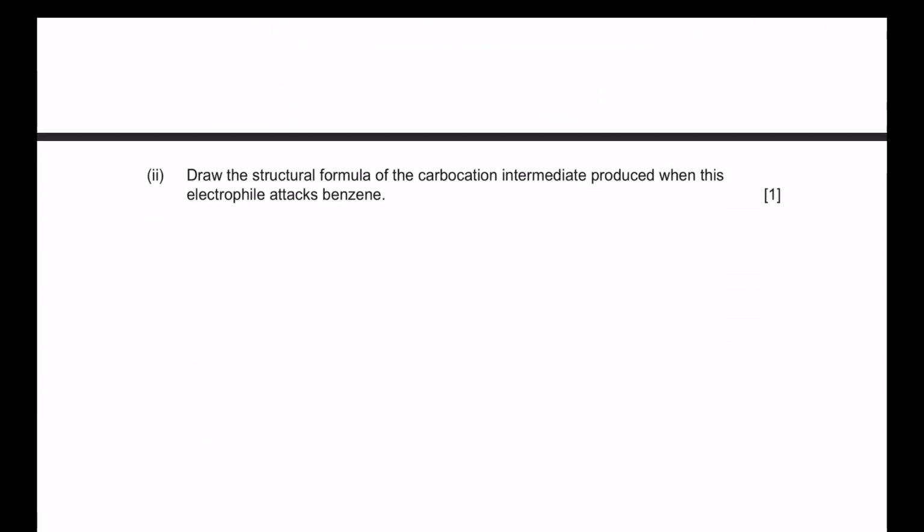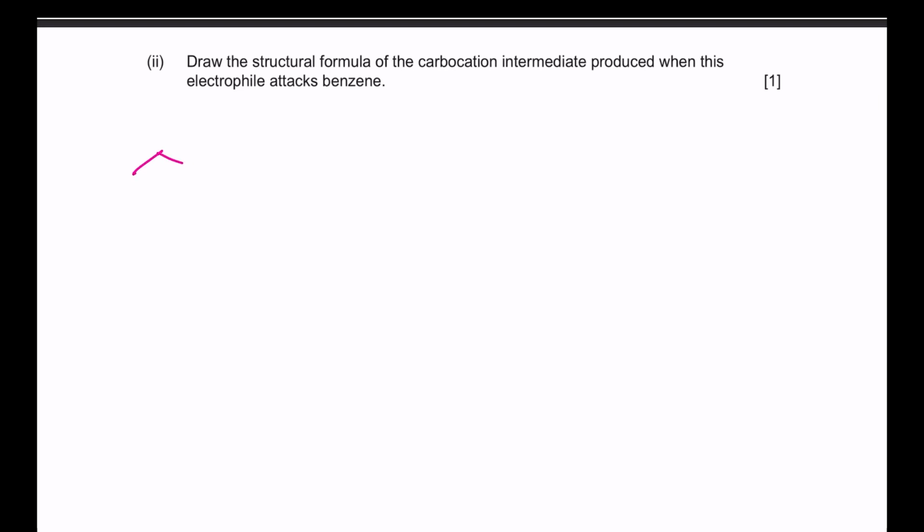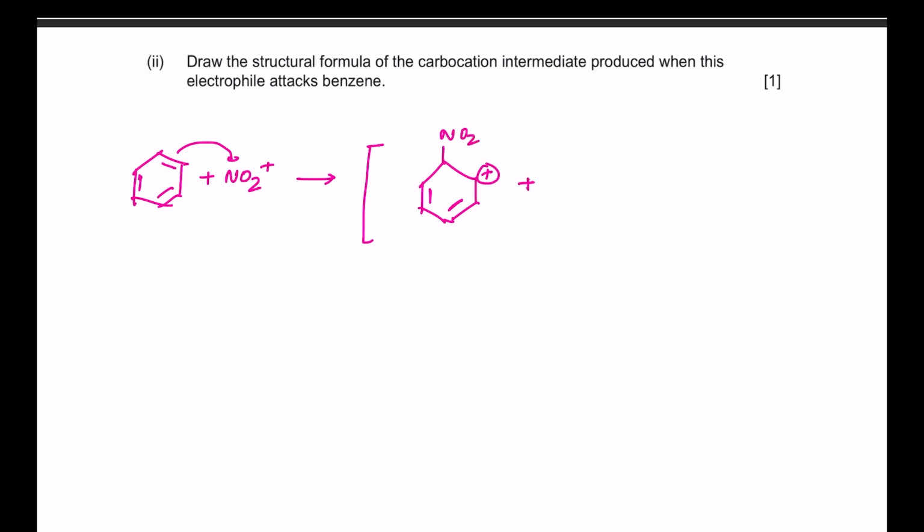Draw the structural formula of the carbocation intermediate produced when this electrophile attacks benzene. So if this is the benzene molecule, this double bond will attack the NO2+, and we will have this type of compound. Now we will see a few resonating structures, like this one here.